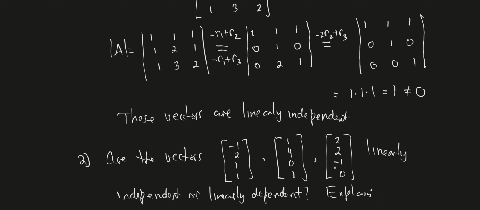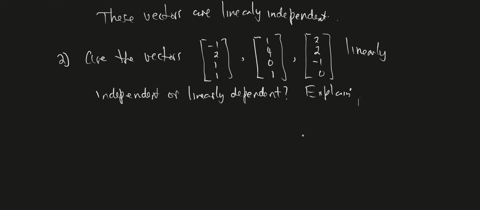All right, well, let's go ahead and set this matrix up. So let's say we're going to try to do a matrix approach on this. So negative 1, 2, 1, 1, 1, 4, 0, 1, 2, 2, negative 1, 0, right? Now, the problem with this is it's not a square matrix, so we can't use the determinant approach.